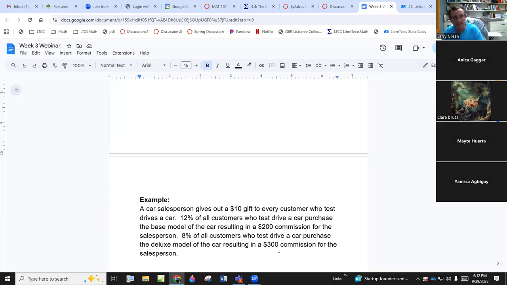This is where you have to understand expected value and standard deviation for a discrete distribution. And it's a step-by-step process. So the first step is you create a probability distribution table. This is definitely a discrete variable because either the person purchases the base model, or maybe they'll purchase the deluxe model. Can anything else happen? What do you think?